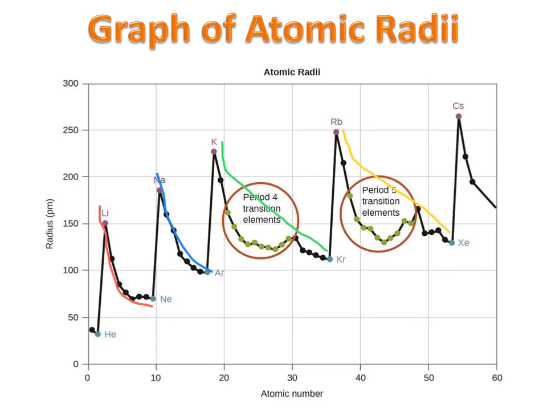And we will ignore this little dip that occurs in the transition elements. They have their own explanation for how and why that occurs, and we're not going to worry about it at this time.